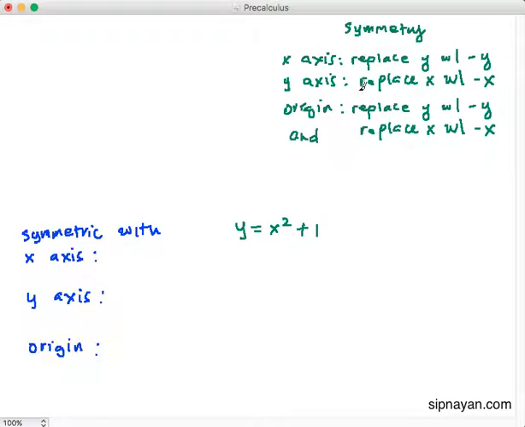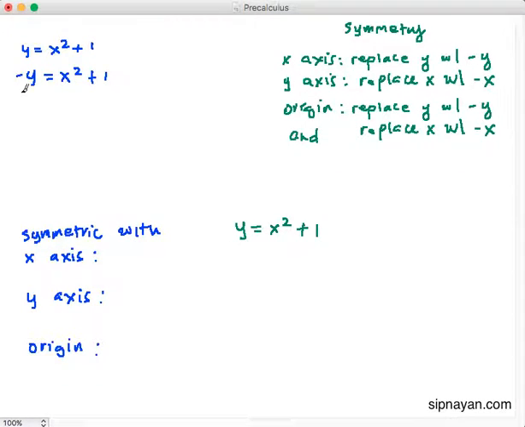For the x-axis, what do we do? Replace y with negative y. So replacing y in y equals x squared plus 1, we get negative y equals x squared plus 1. As we said in the previous video, if after simplifying it goes back to the original, then it is symmetric with the x-axis. But is there a way to simplify this?